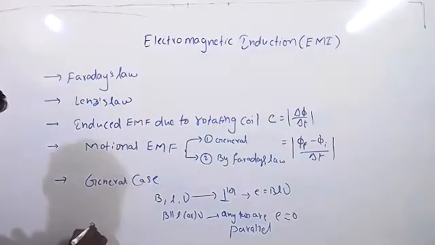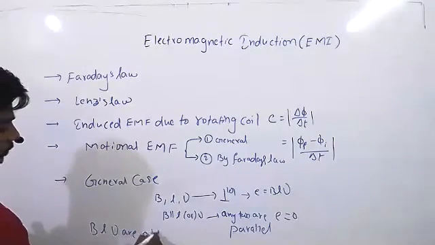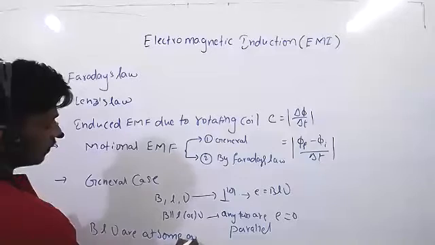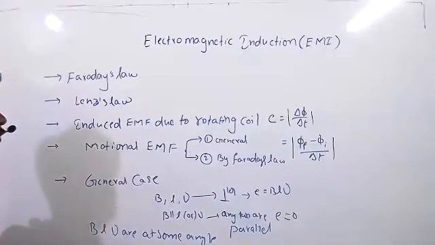If B, L, V are at some angle, then what do we have to do?